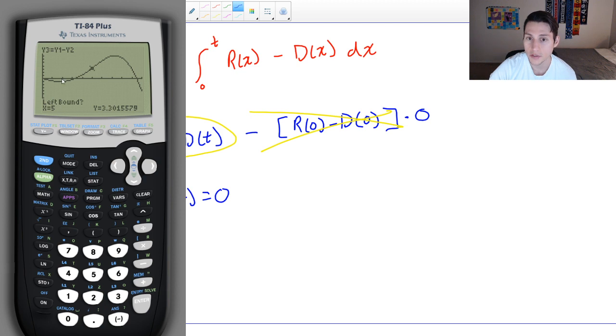So 2, right, this point would be on the left side. So I can say 2. That puts it right there. Now a right bound, so let's say 5. So there's my right bound. Guess, sure, guess away. T equals 3.272.